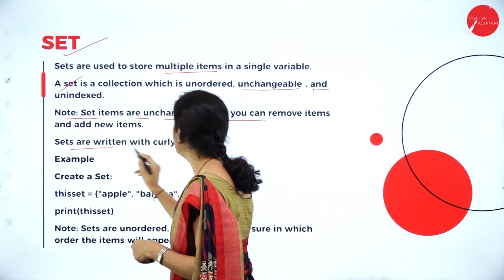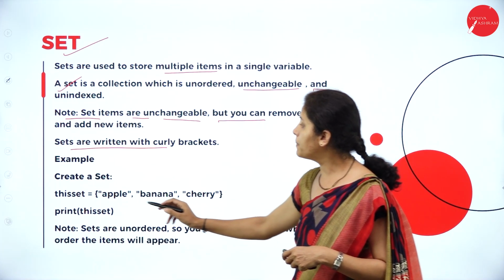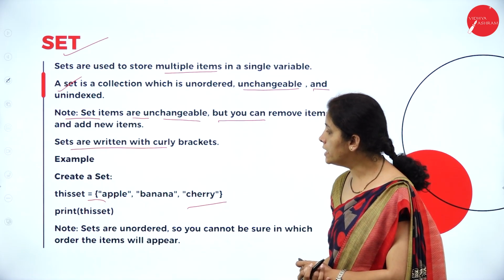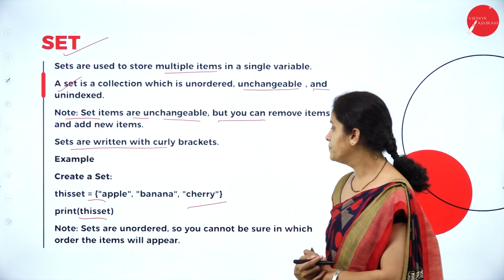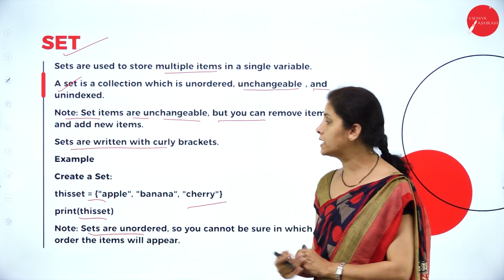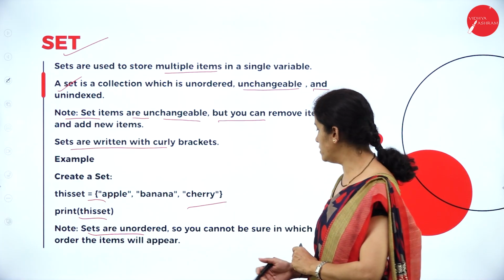Sets are written with curly braces, the flower brackets. See here, I'm using curly brackets to create this set, and at the same time I'm going to print the set. So, sets are unordered. In the sense what? While creating sets, I don't have to follow an order.